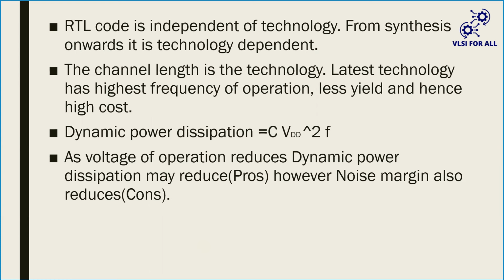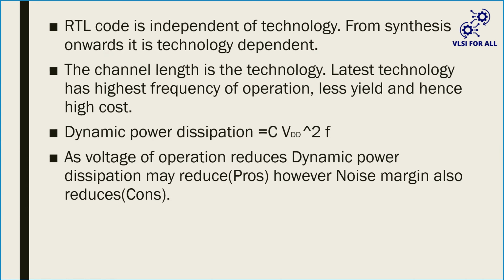Now team, here we think that if we reduce the voltage of operation, then dynamic power may reduce. Yes, that is true. But team, we know the noise margin. What is noise margin?